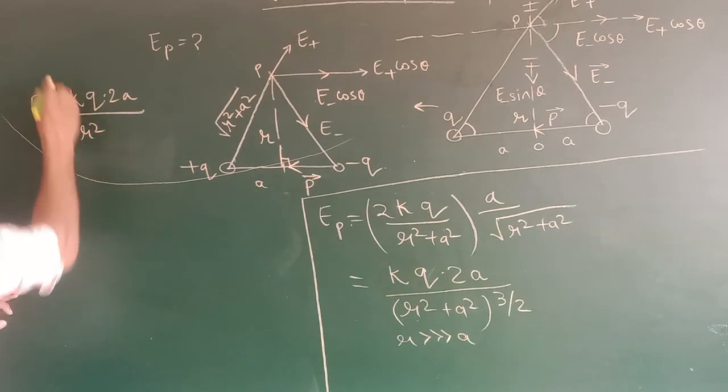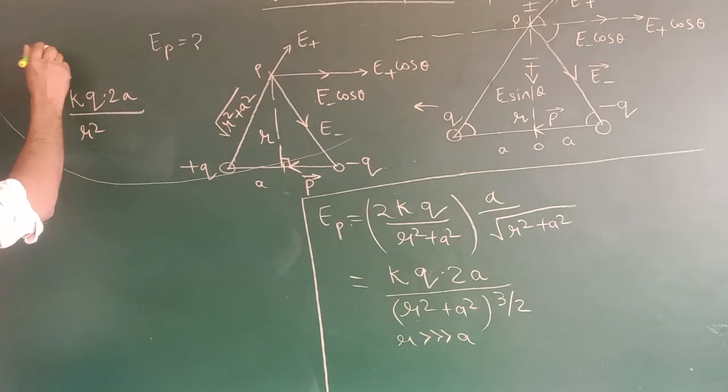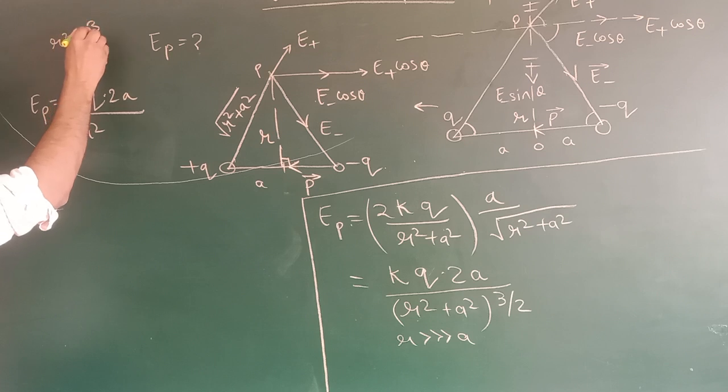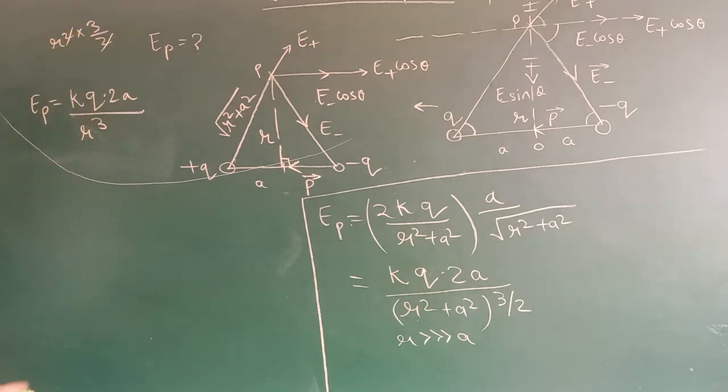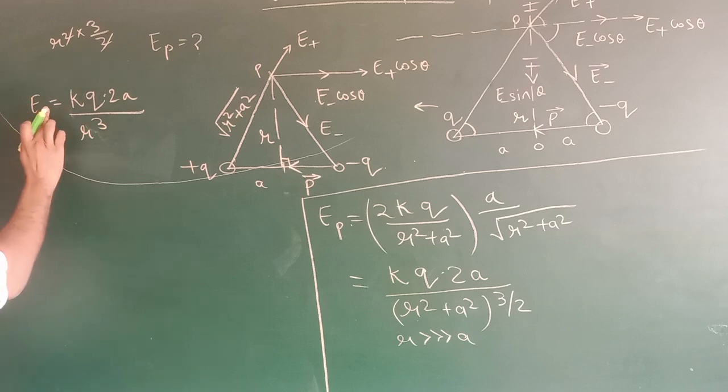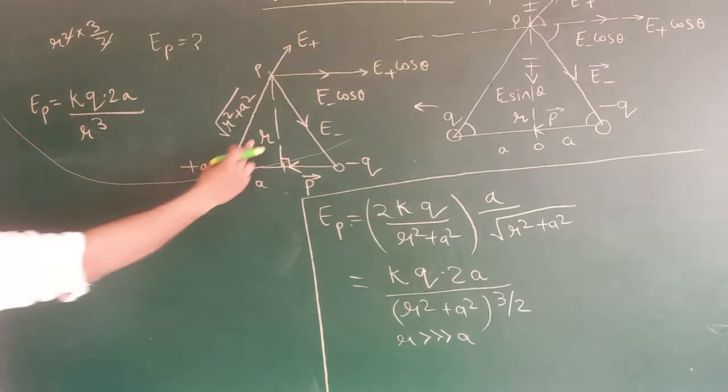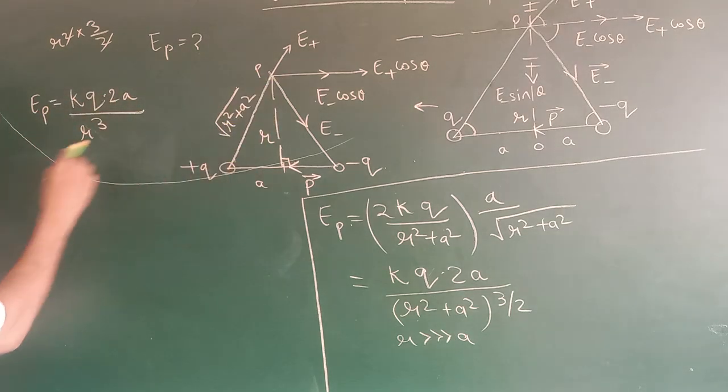So r square multiplied by 3 by 2. So here we will have r cube. So this is the value of electric field on the equatorial point P due to a dipole.